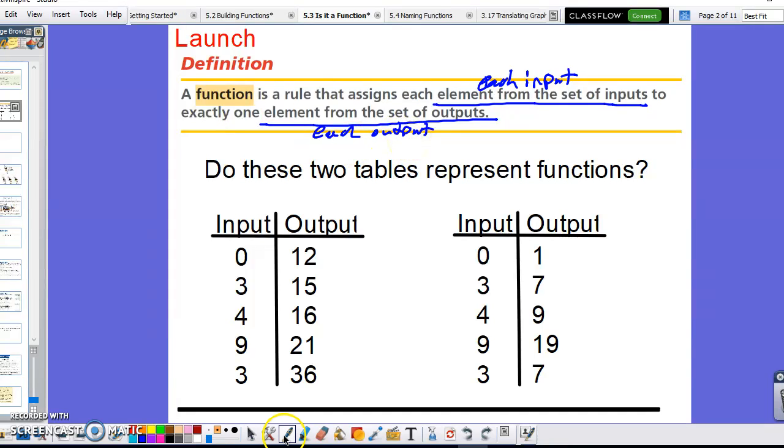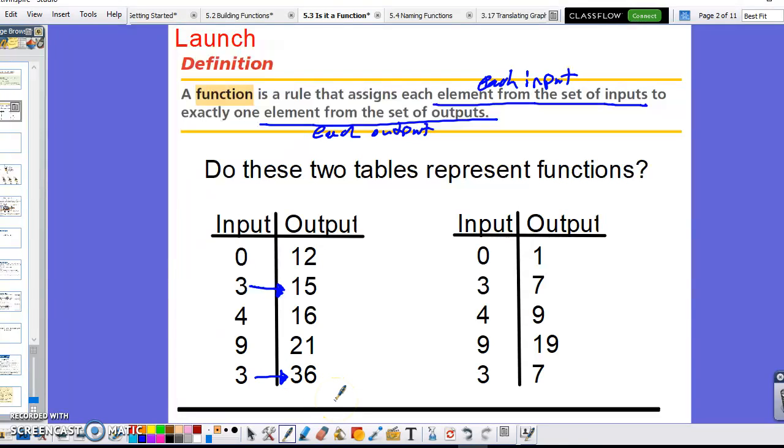Well, as I look at this first table, 0 to 12, 3 to 15, 4 to 16, 9 to 21. Then I get down to this one, and I say, hey, 3, wait a minute, I just used 3 up here, and 3 produced 15. Whatever my rule is, and it doesn't matter what my rule is, 3 produced 15, but then down here, I used 3 again, and that produced 36.